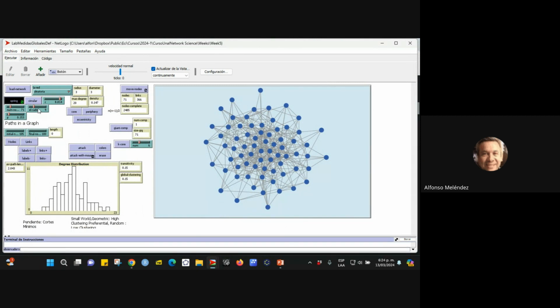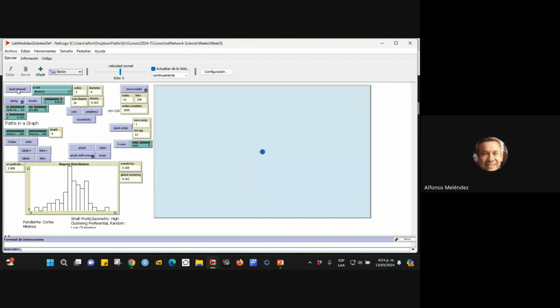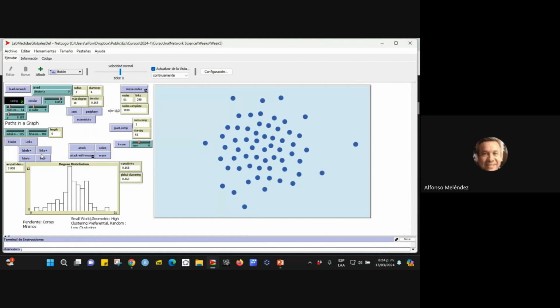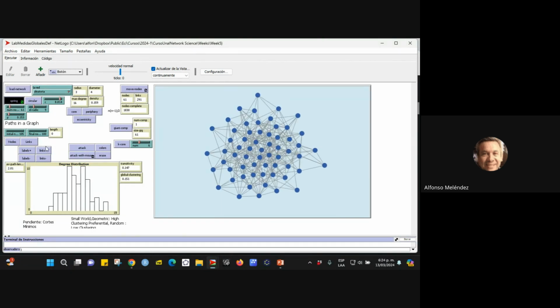Let me show you this other model. Here I could build a random network, for example. This is a random network. This is another random network. And here we have the three important measures that we have seen of a network.